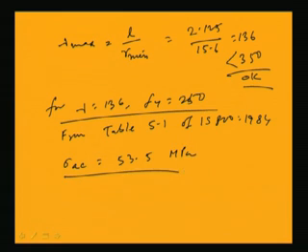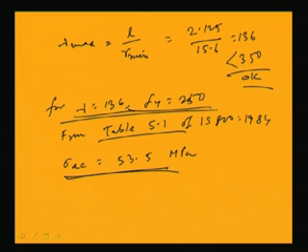Okay. Allowable compressive stress in the member will become 53.5 MPa, which can be found by linear interpolation from Table 5.1 of IS 800 for lambda equal to 136 and for steel of Fy 250.